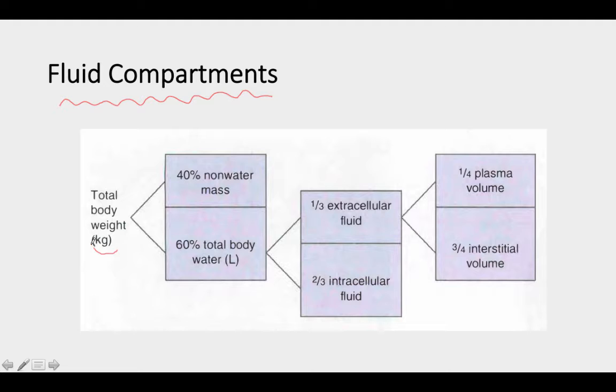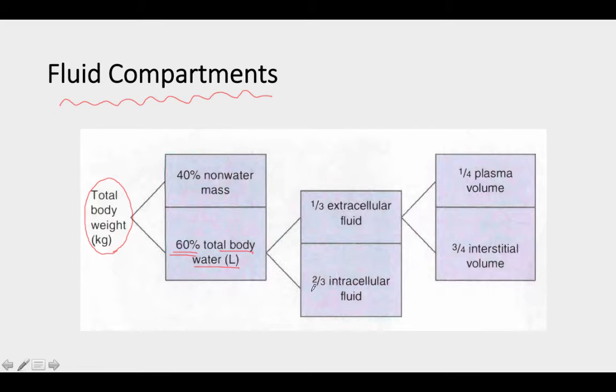So if we start from the basics, if you take our total body weight, 60% of our body is composed of water, right? So more than half of us is water. And the next place where we divide up where this water sits in our body is inside cells and outside cells.